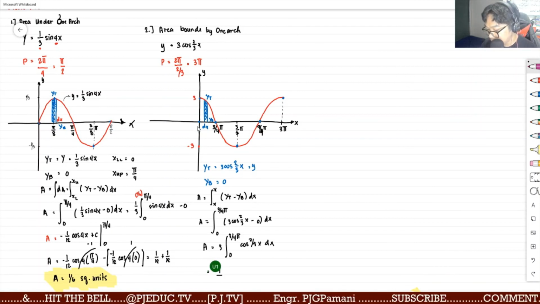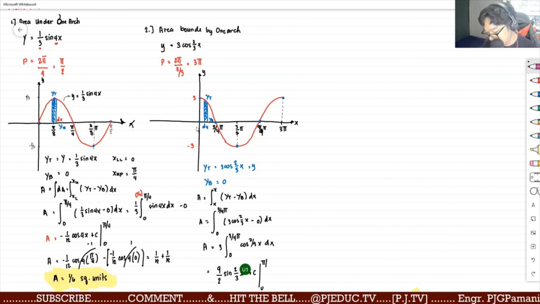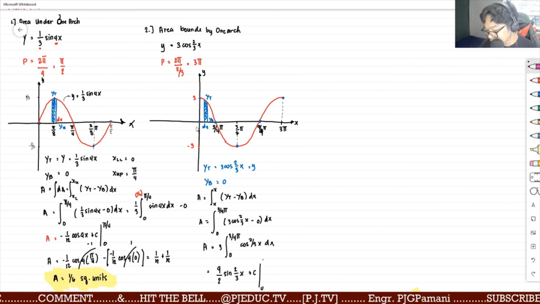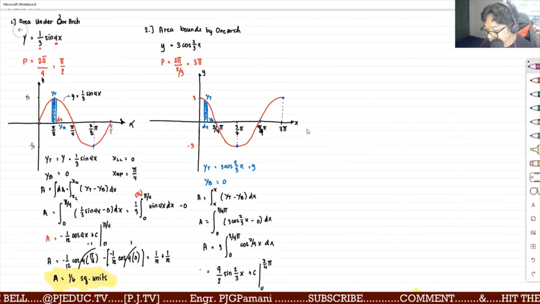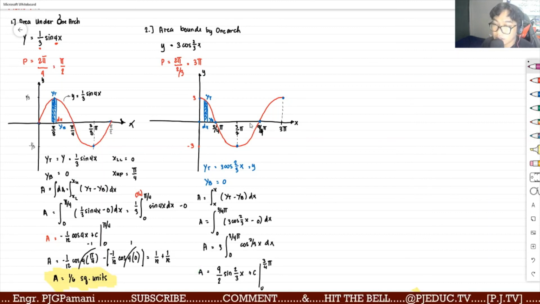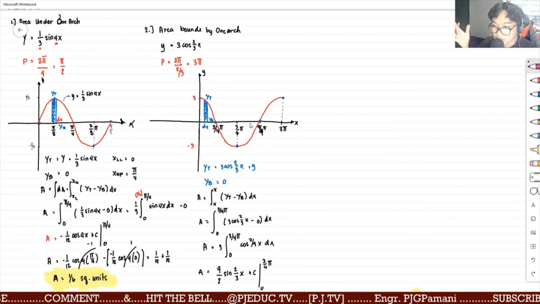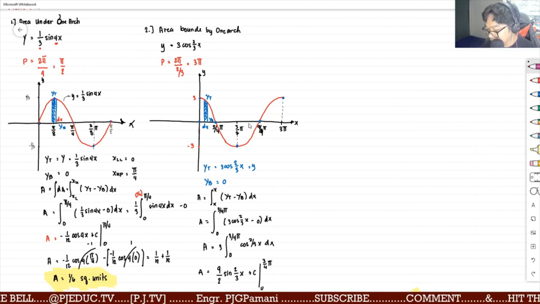So, 9/2 of sine 2/3 x plus c, upper and lower limit. 3/4. Okay? Nagets po ba kung saan nakuha si 9/2? Sine 2/3 x? Yes, sir. Sana alam nyo pa. Kinalimutan nyo na porket pasado na.